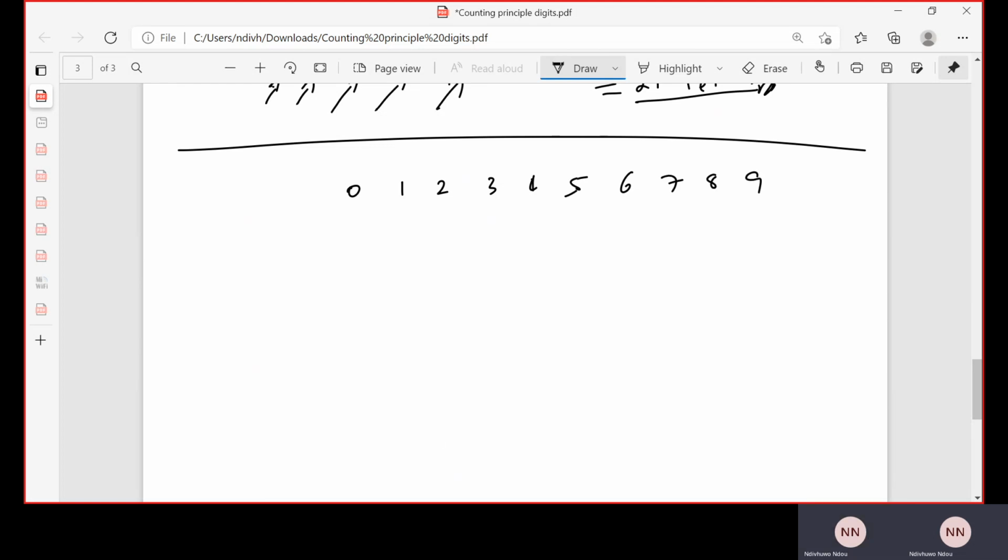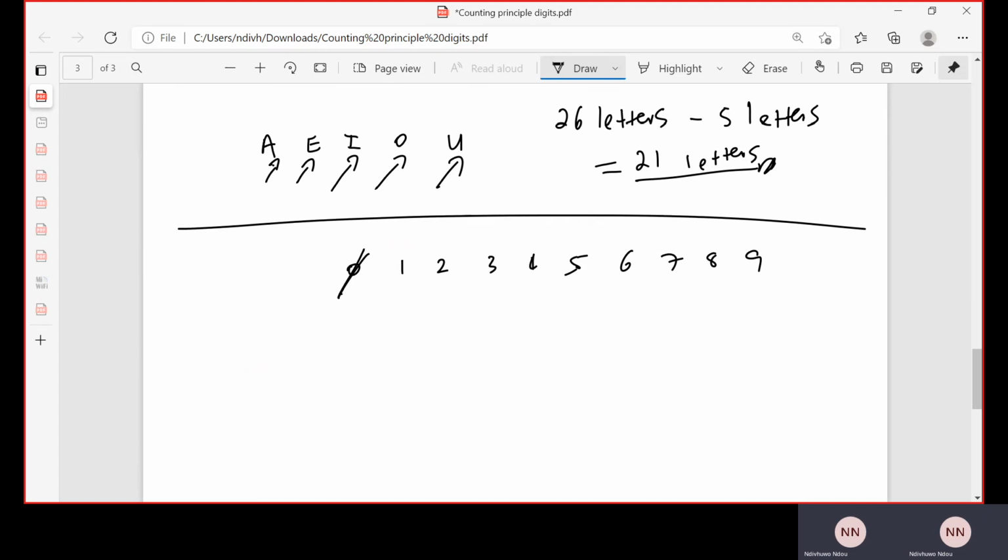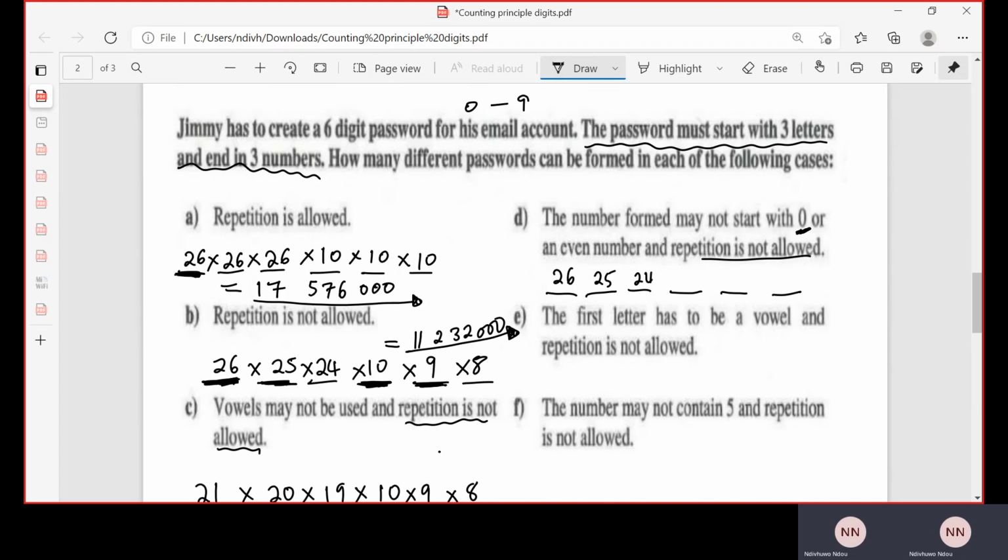The number formed might not start with 0, so 0 is out in the first position, and it must not start with an even number, so 2, 4, 6, 8 are out. So how many choices do we have? 1, 2, 3, 4, 5 choices in the first position. So you have 5 choices.